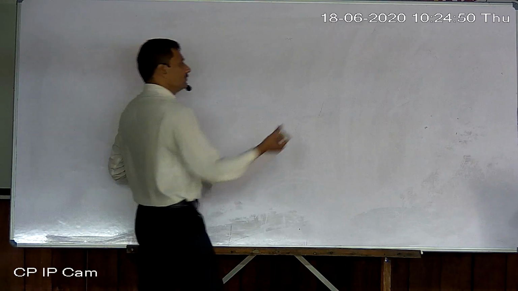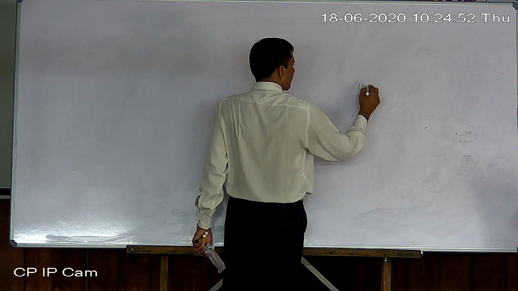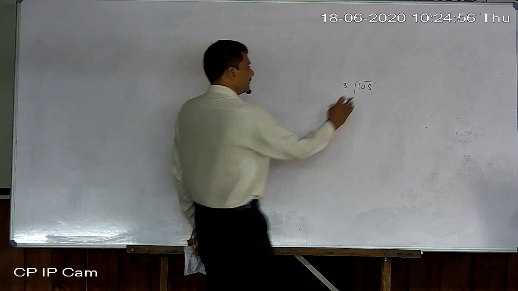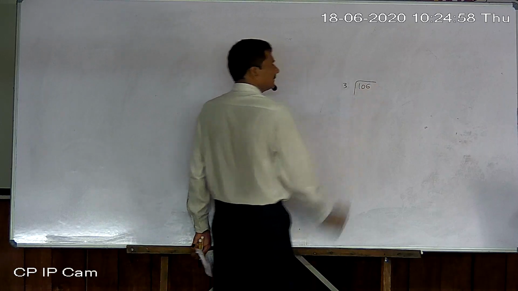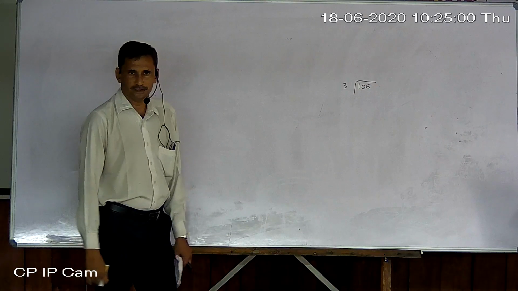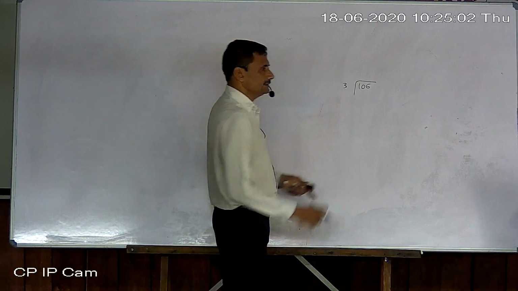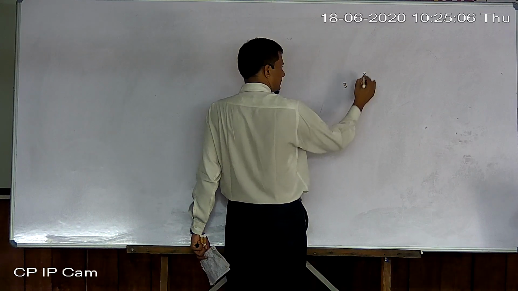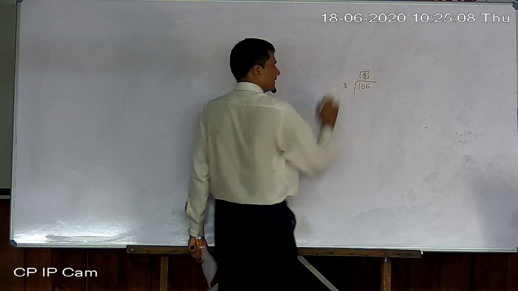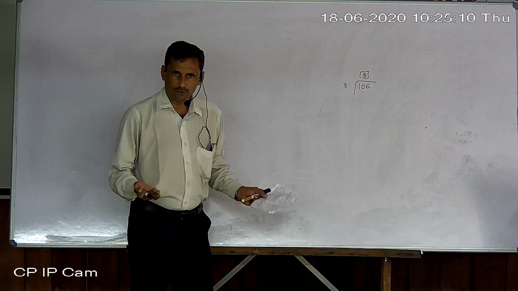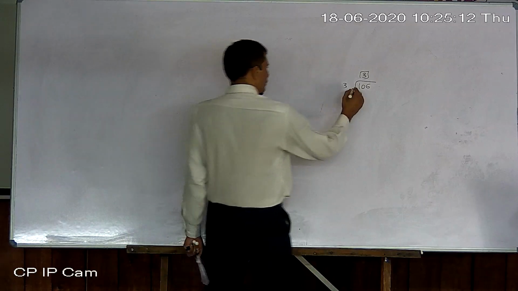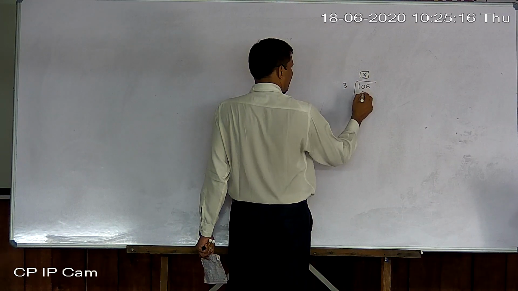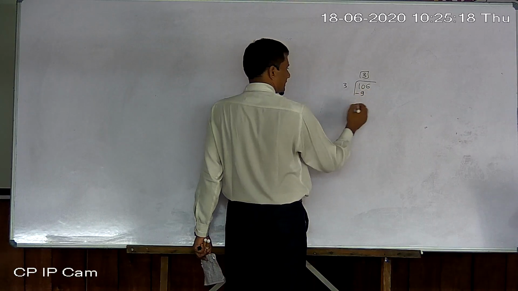Suppose you are given 106 and you want to divide it by 3. Dividend, divisor. First you decide 3 3s are 9, choosing this number by the table. Then you multiply this and this number, so 3 multiplied by 3 becomes 9. Then you subtract.